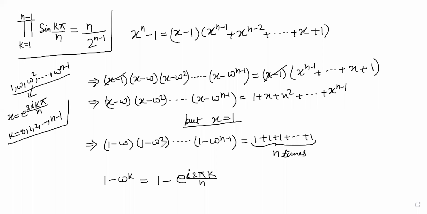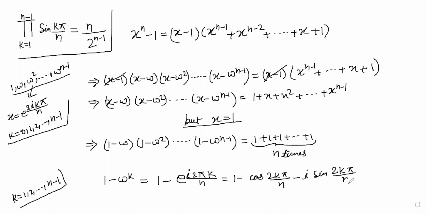So our k, which is useful now, is going to be from 1 till n minus 1. So next, it can be written as 1 minus cos 2k pi upon n minus iota sine 2k pi upon n.